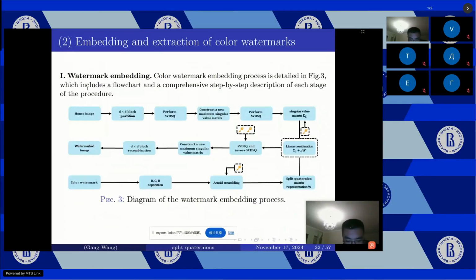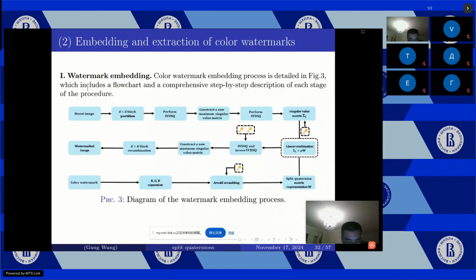The second algorithm to introduce is designed for embedding and extracting color watermarks. This algorithm embeds watermark information within the feature space of color images to ensure transparency and robustness. During the embedding phase, specific key features of the image are used to integrate the watermark in a desired form.